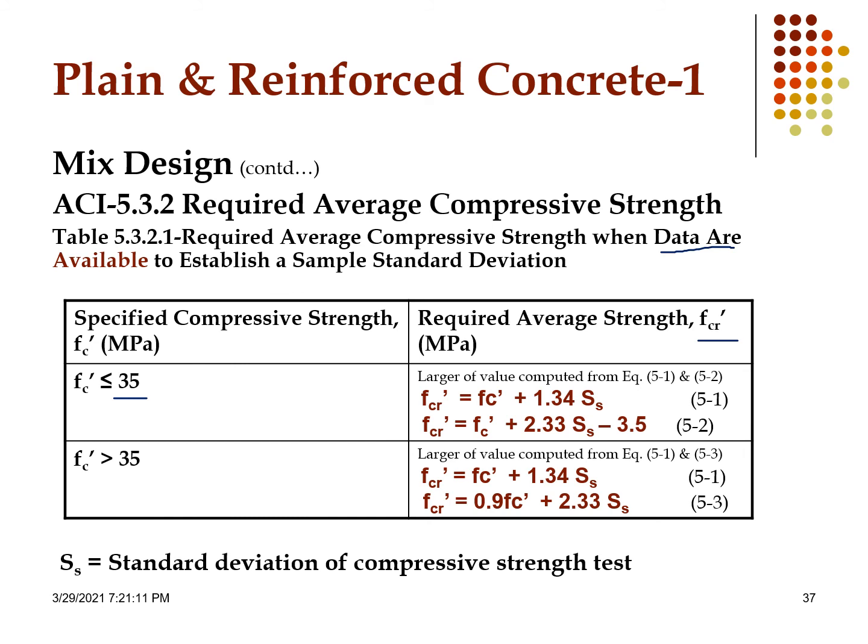And if we have f'c greater than 35 megapascal, then the required compressive strength is equal to f'c plus 1.34 Ss, where Ss is the standard deviation of the compressive strength test.